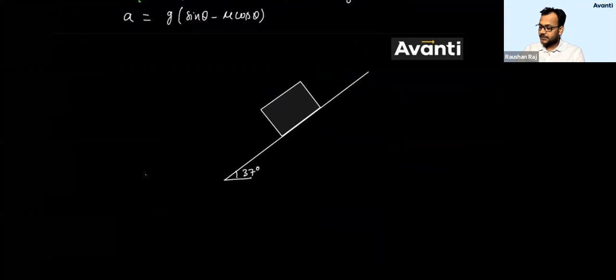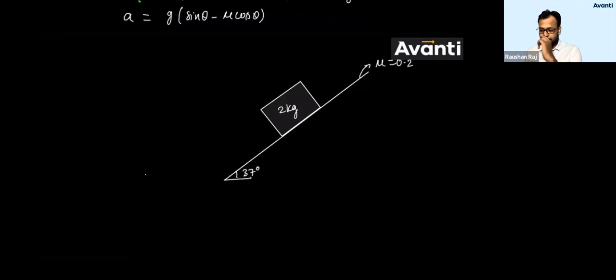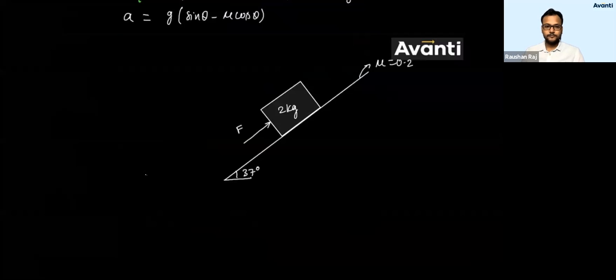Anyway, consider this as, let's say, 2 kg block. The value of mu is 0.2. A force F is acting in upward direction. Okay, external force F is acting in upward direction. ठीक है? All right.